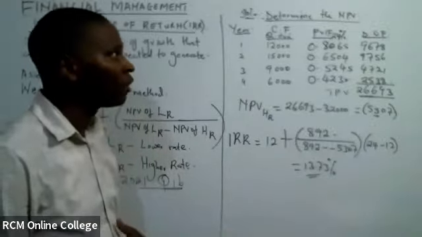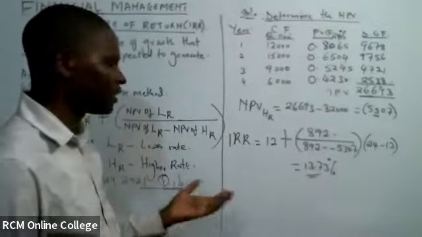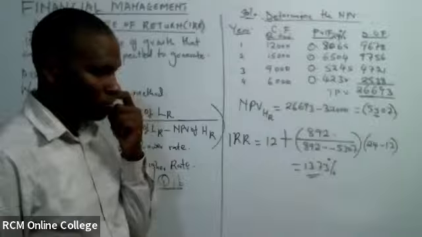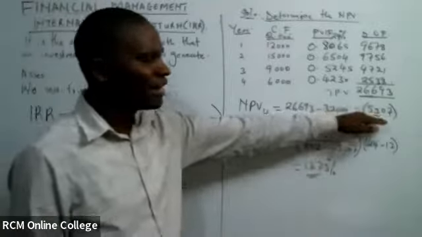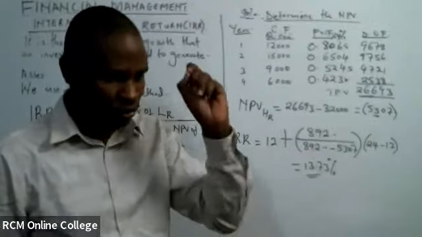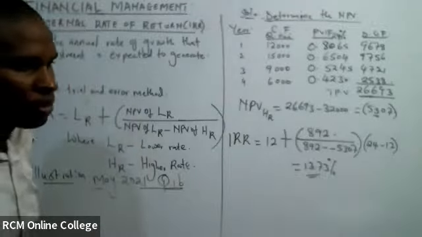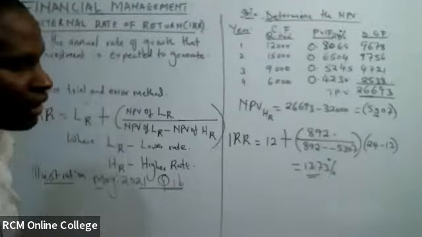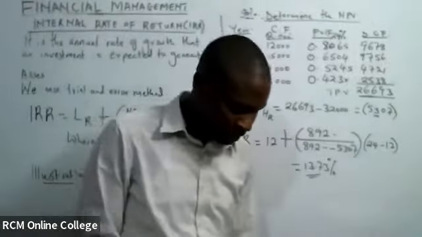We had 12% in the question. That was the cost of capital. You double it. Once you double, automatically it is tested. It will give you a negative NPV, ama zero. You got that, Maxwell? All right, great. Now I want us to move to the next thing.